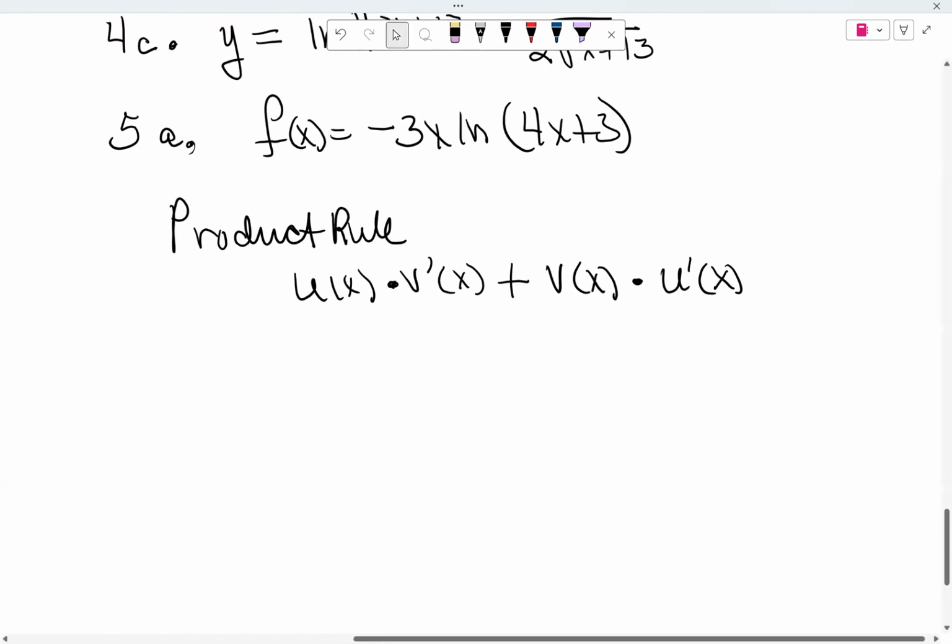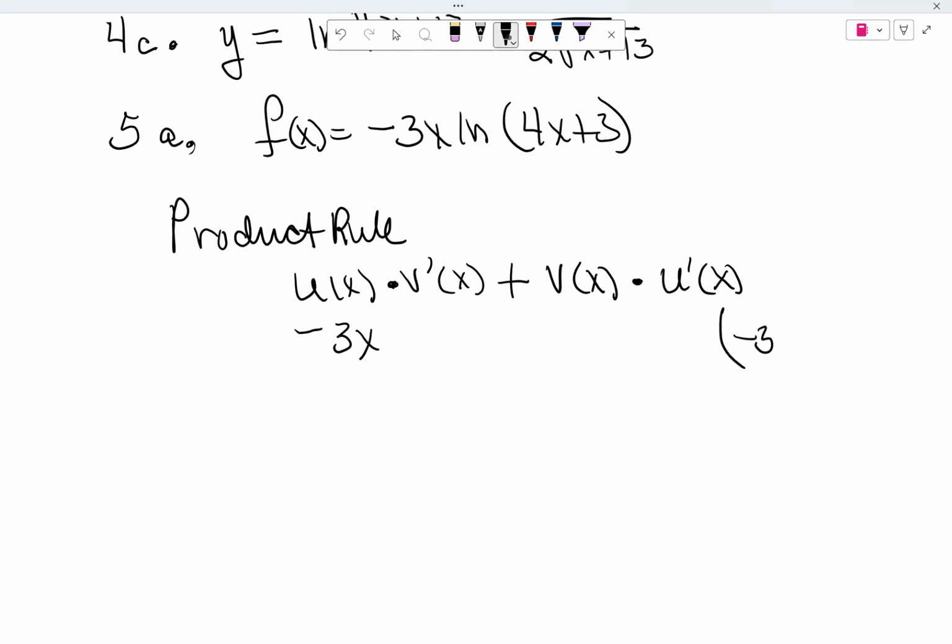Okay. So in this example, my u of x is going to be the negative 3x. My u of x derivative is going to be negative 3. Do we agree? Yes. Okay, now my v of x is simply going to be the natural log of 4x plus 3, and now I need the derivative of this.